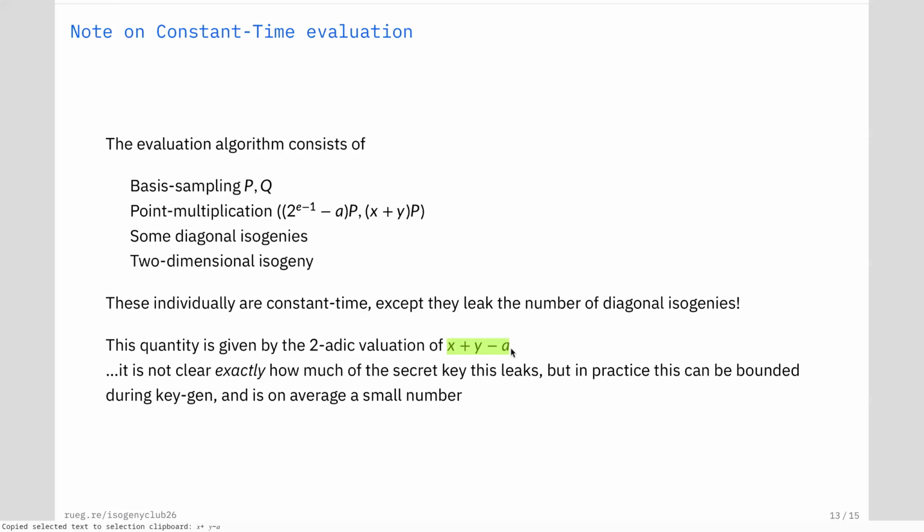So there's always one diagonal step. But during keygen, for example, you can say if there's more than one, I reject. And roughly experimentally, and also intuitively, the probability of having k diagonal steps is 2 to the minus k, or 2 to the 1 minus k.